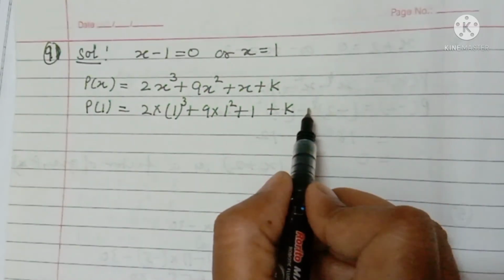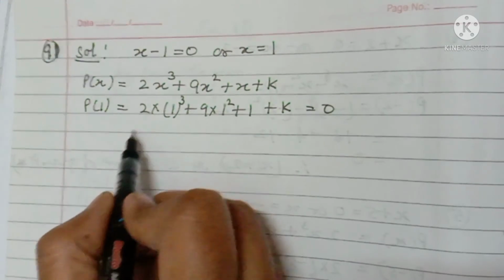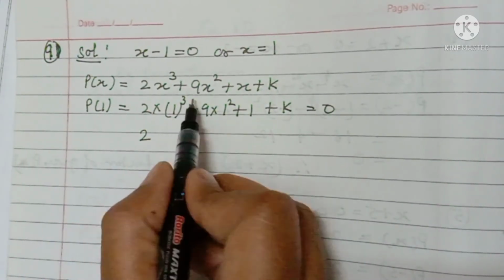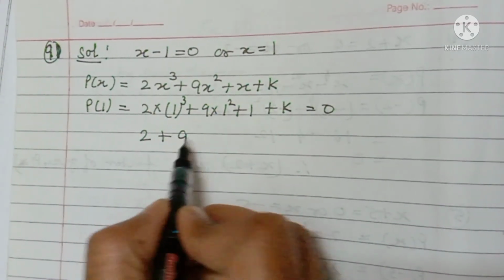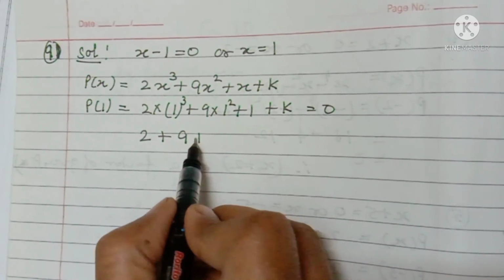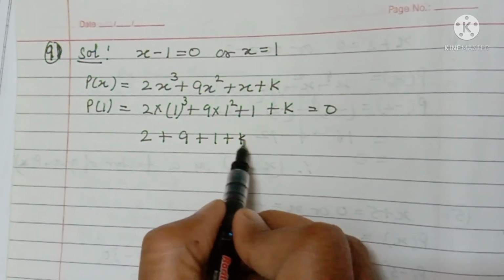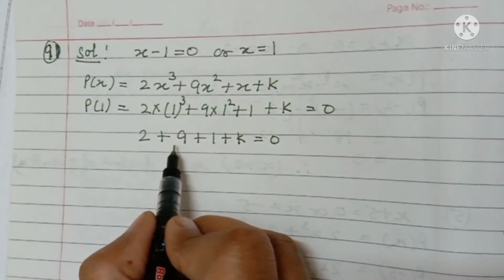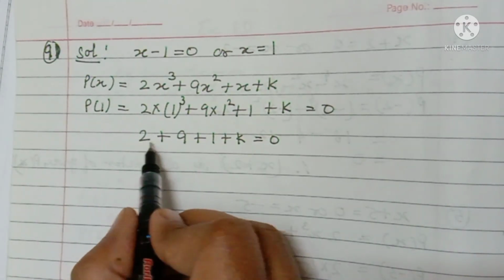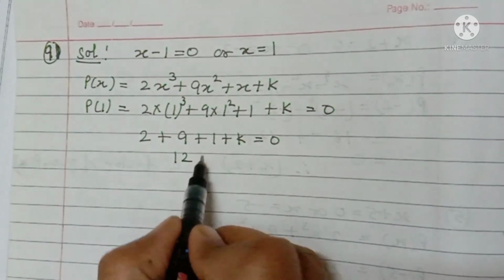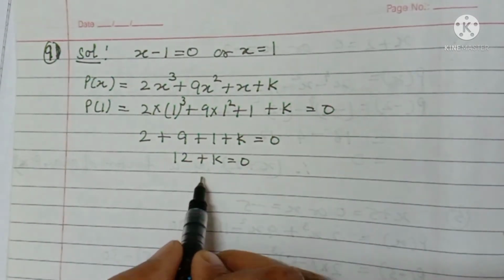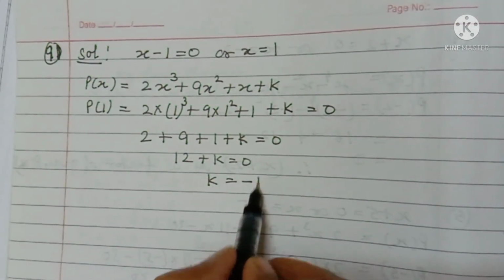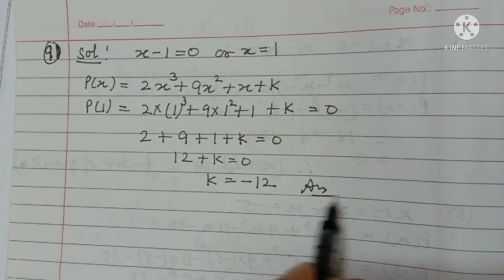Now substitute this is equal to 0. Now you will get 2, 1 cube is 1, plus 9 into 1 square, 1, plus 1 plus k is equal to 0. So 9, 10, 11 and 12. 12 plus k is equal to 0 or k is equal to minus 12. Answer.